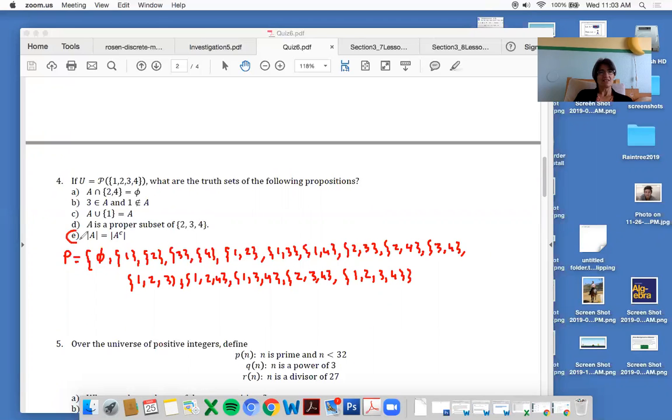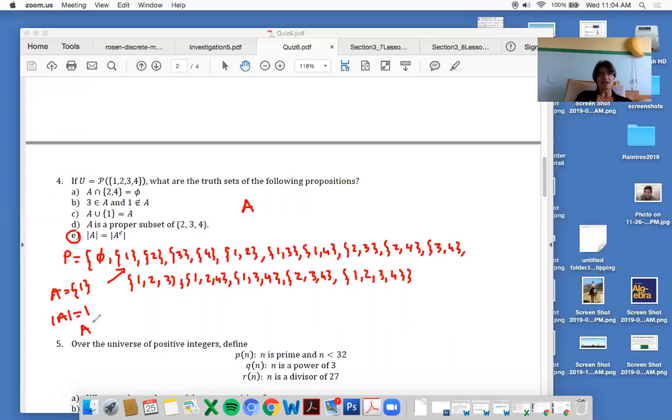So what this says is A is an element of the power set, so A is any subset in the power set. It's saying for which of these subsets the cardinality of A would equal the cardinality of its complement. For example, if I say my set A is {1}, then the cardinality of A would be 1 because there's one element in it.